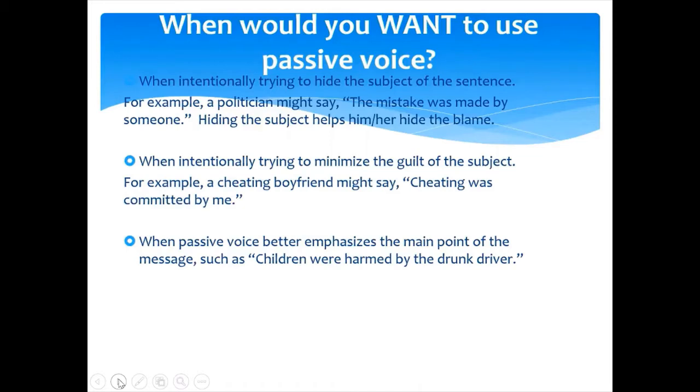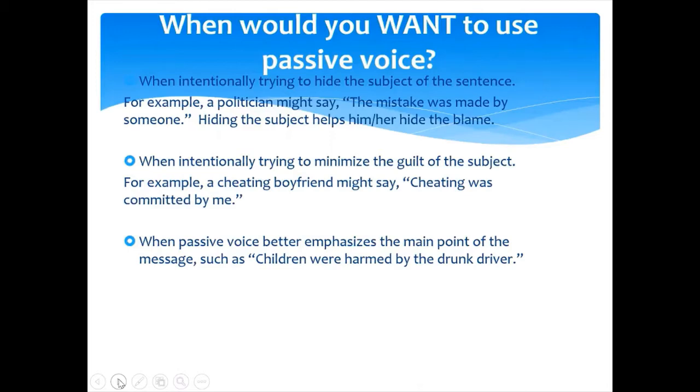Or you can use passive voice when the subject is not important, or you don't know the subject. For example, in some cases you don't know the exact context where the sentence is applied, so you might not know who is performing the action.